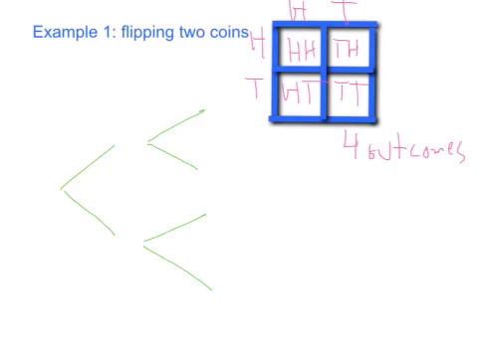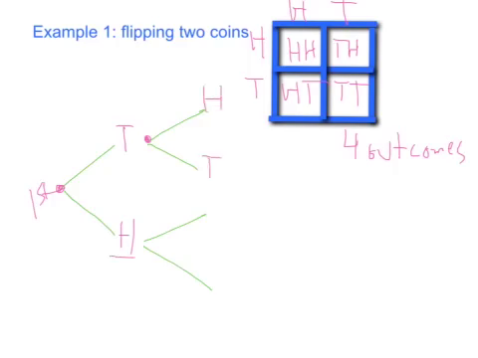We can see the same 4 outcomes in the tree diagram. The first coin has 2 options. Those 2 options can be labeled in our tree diagram at the end of these branches, heads or tails. The second coin, well, if the first coin was tails, the second coin could still be heads or tails, and so we will label it.